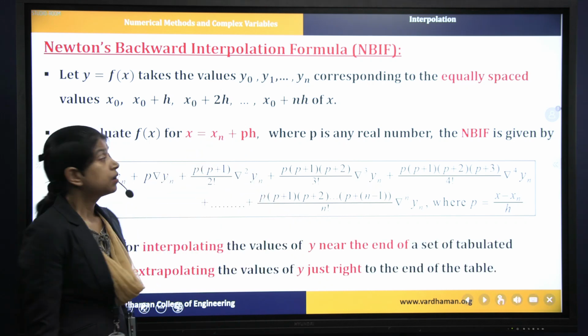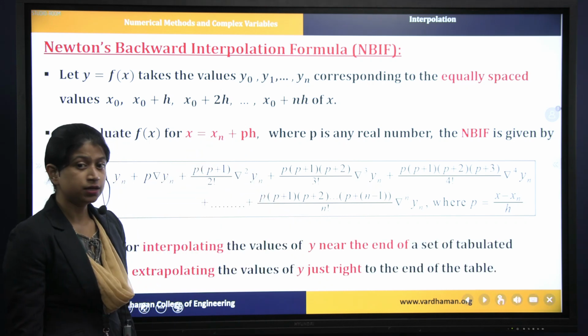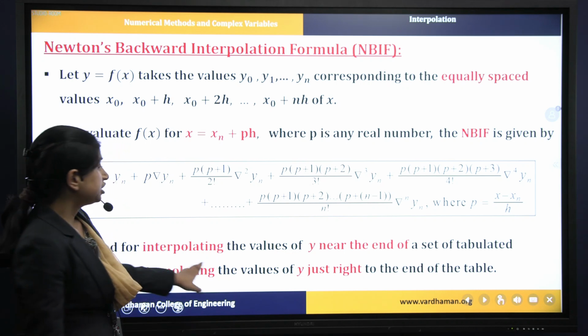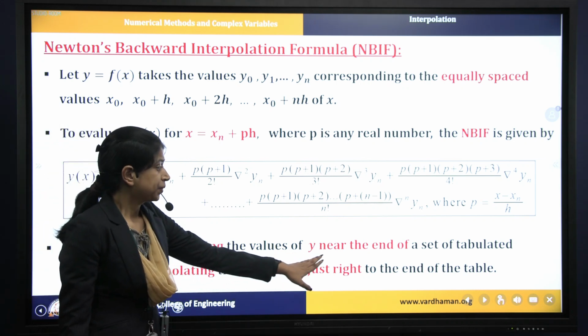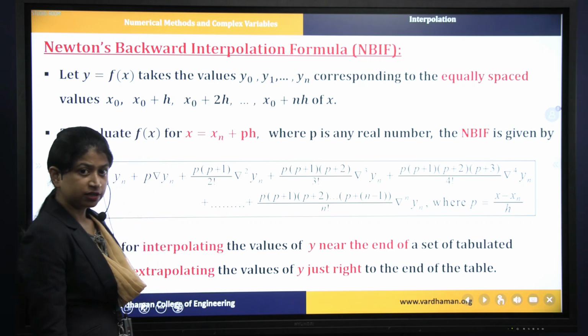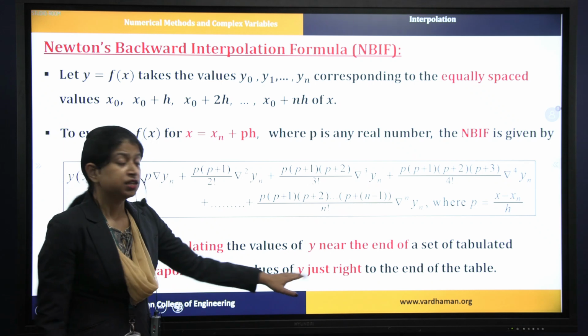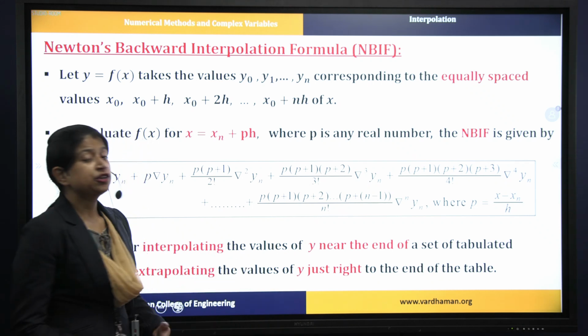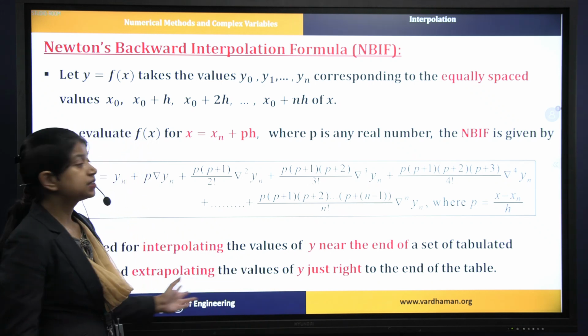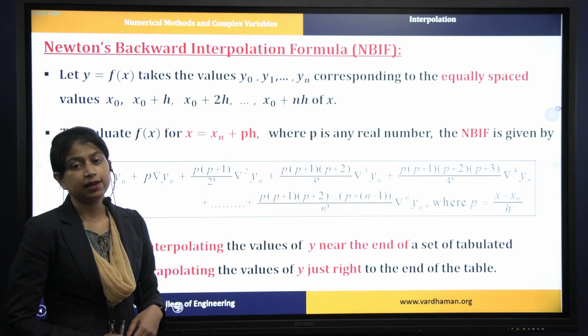This Newton's backward interpolation formula is used for interpolating the values of y near the end of the tabulated values and extrapolating the values of y just right of the end of the table. Let us understand this statement with an example.